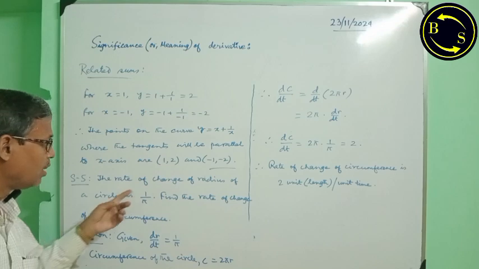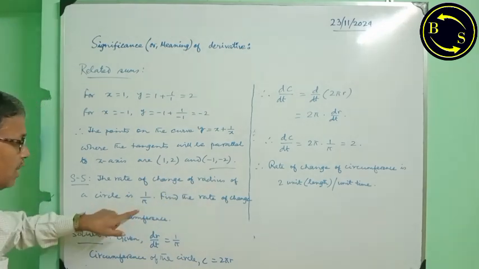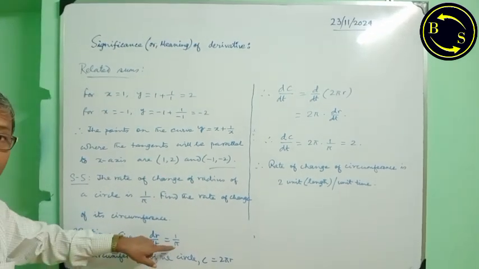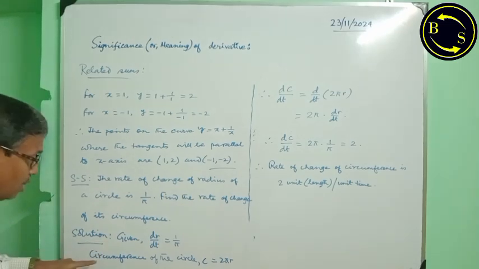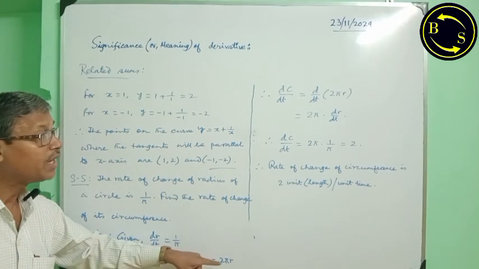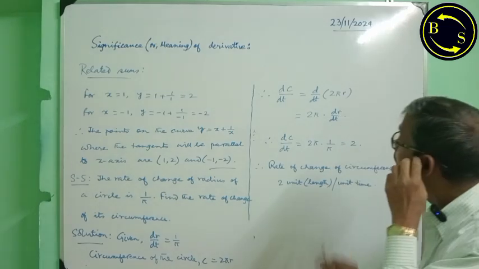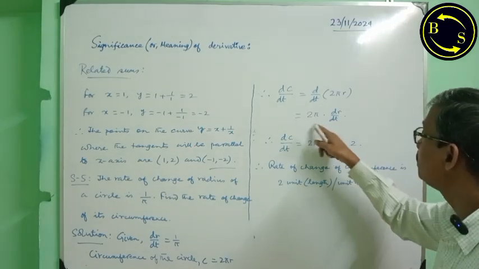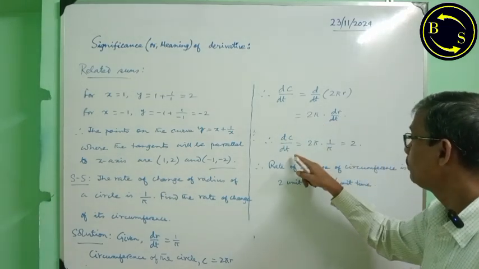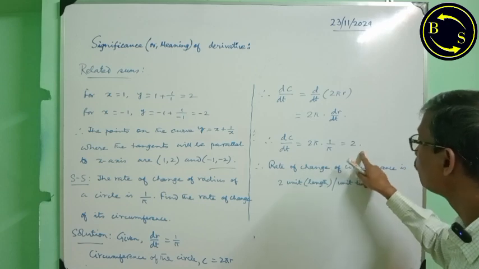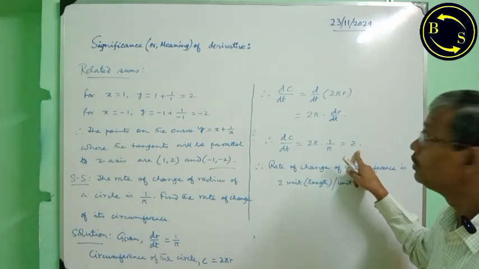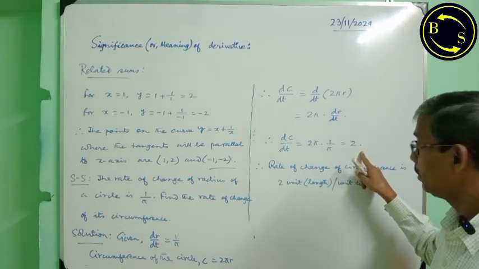Let me repeat. Rate of change of radius is given, that means dRdt is given. Circumference C is 2 pi r. We need dc dt and calculated dc dt equal to this one. Therefore dc dt is equal to 2, which is independent of any variable.